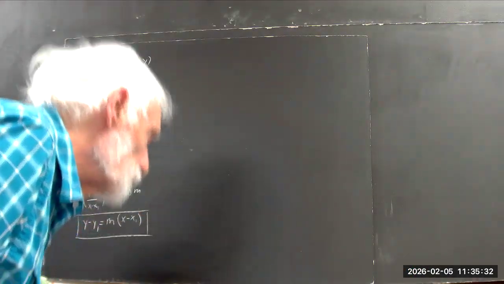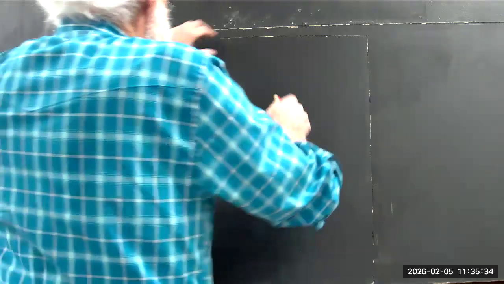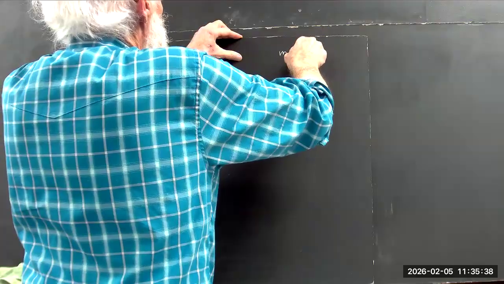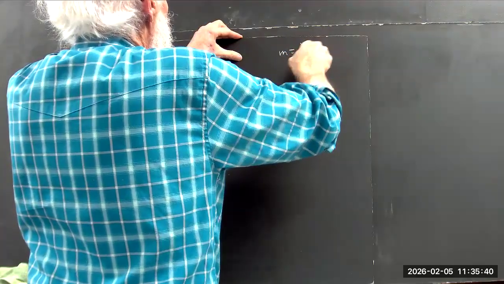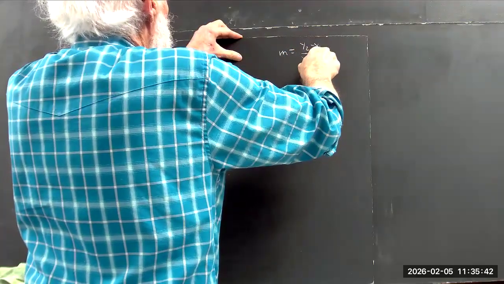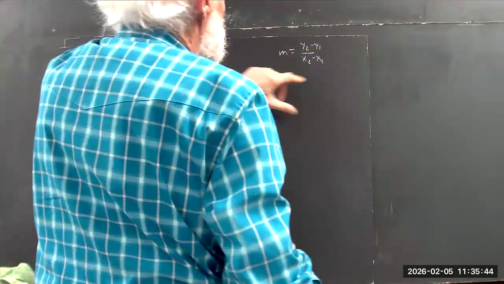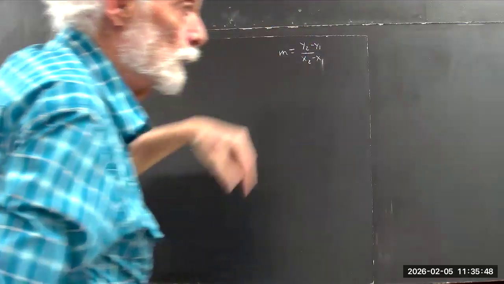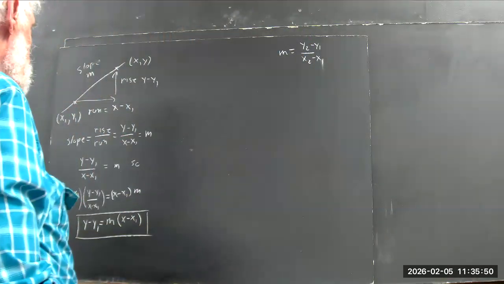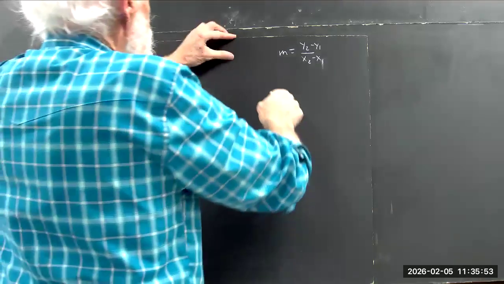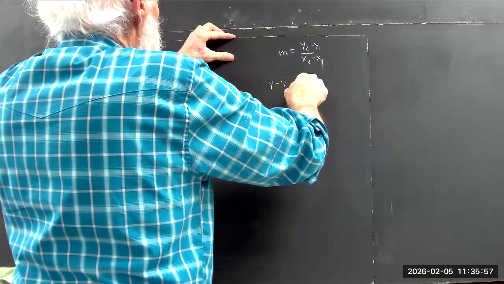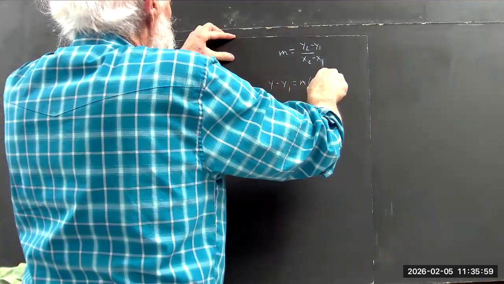We have two formulas. m equals y2 minus y1 over x2 minus x1, which works if we've got the coordinates of the 2 points. And then we have the equation y minus y1 equals m times x minus x1.